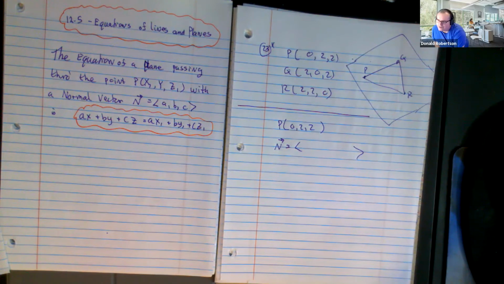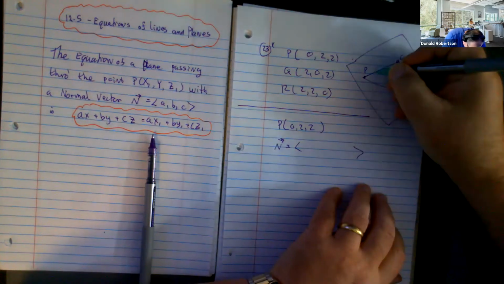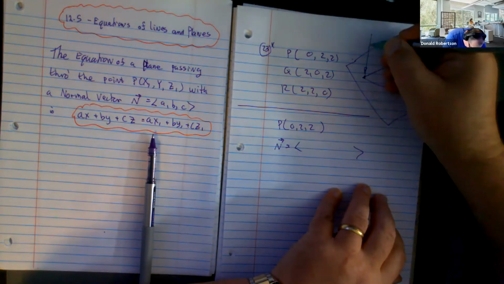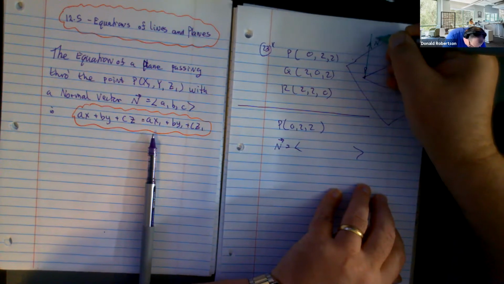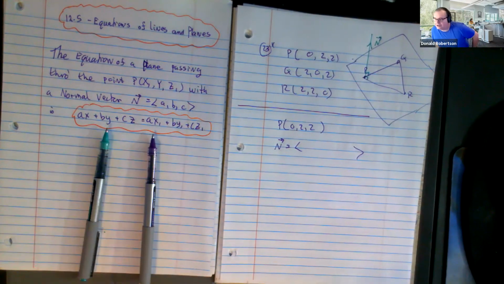Now, the normal vector is going to be a bit trickier. The normal vector would look probably something like this guy here. Right? Isn't the normal vector perpendicular to the plane? That's how we define it. How am I going to find that guy?